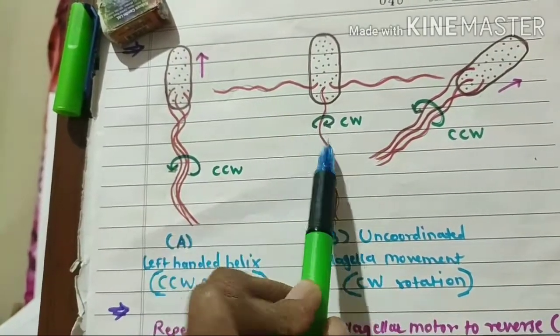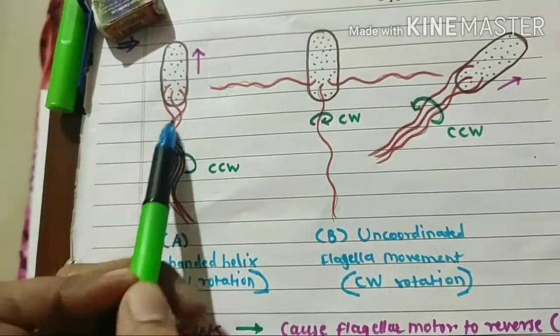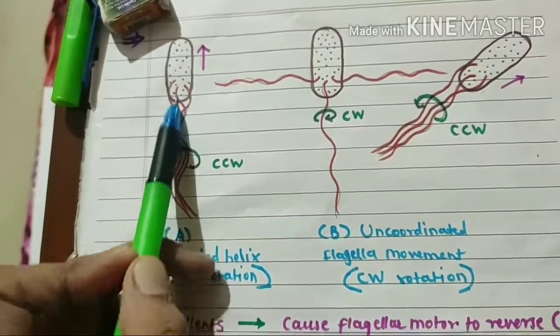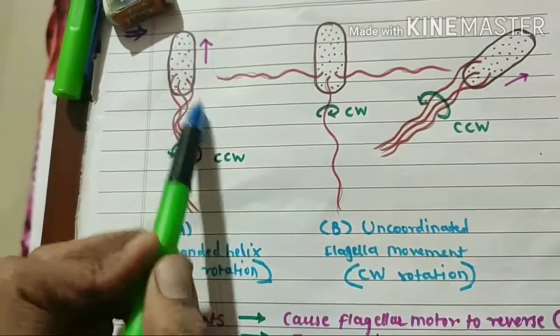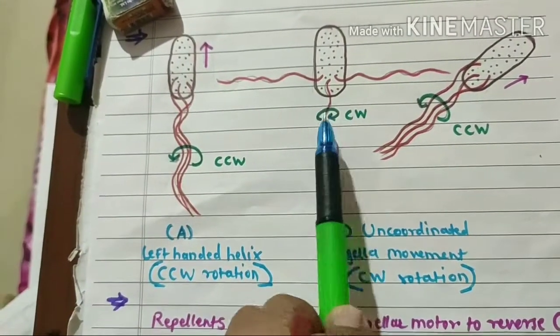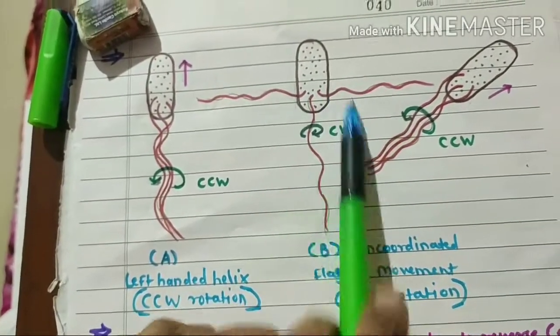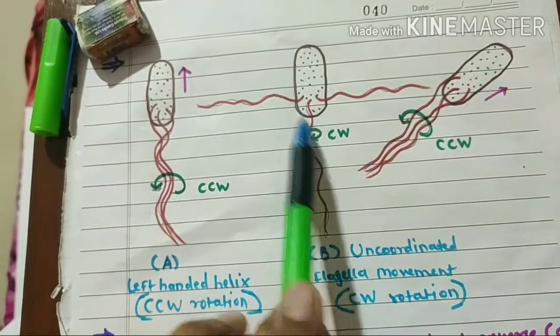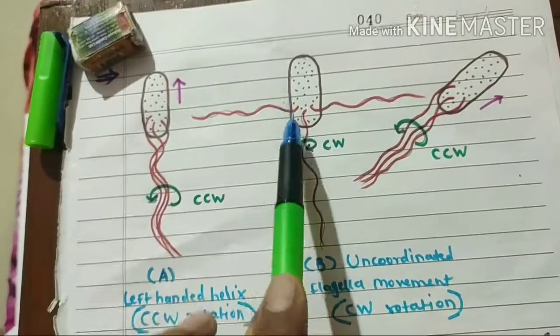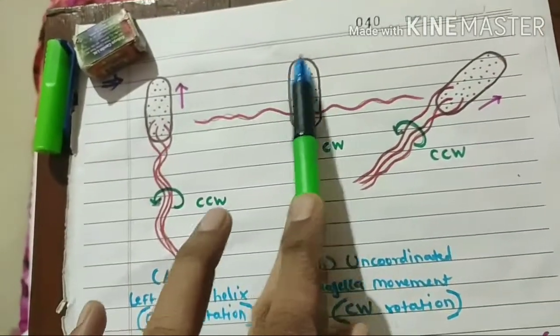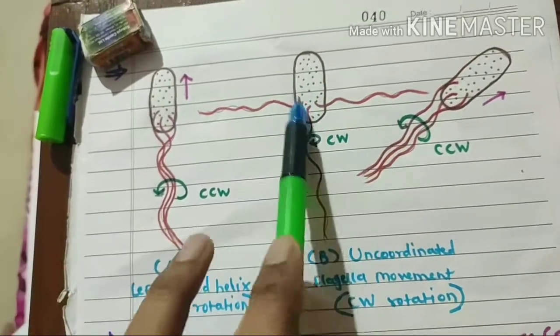These flagella separate from each other. So there is no coordinated flagella movement. And because there is no coordinated movement, the cell does not move forward, but it erratically moves in its place.